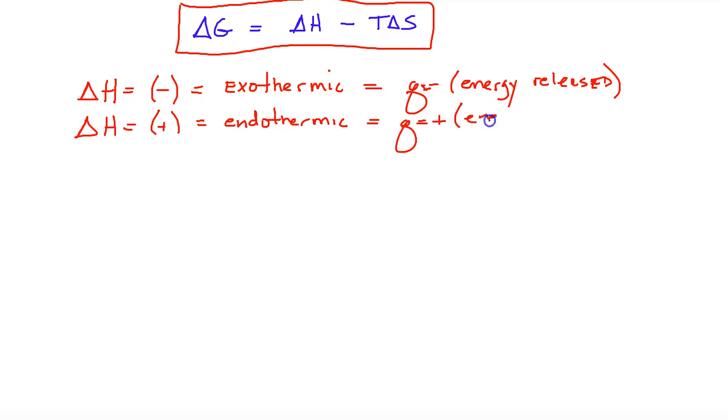I'm not a big fan of using energy absorbed because that may make you think that the chemicals are getting warmer, but sometimes you have a block that absorbs energy and gets warmer. So you can use absorbed. I'm a big fan of consumed. You're using the energy to do something.